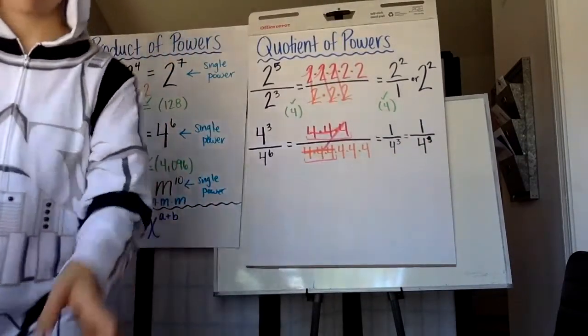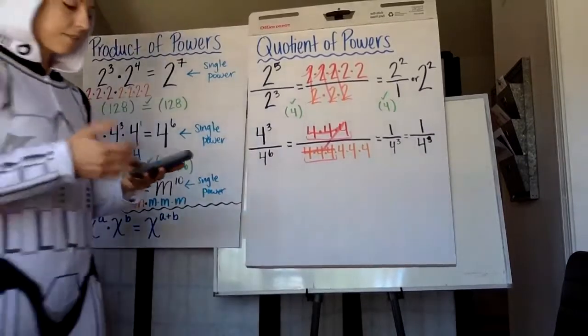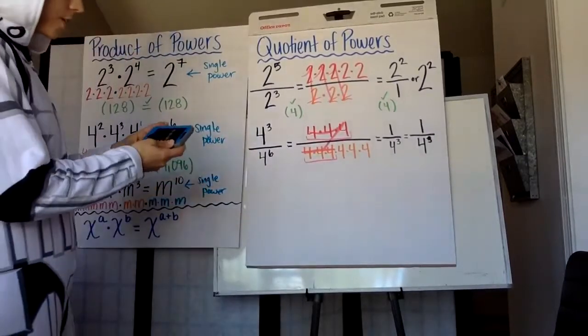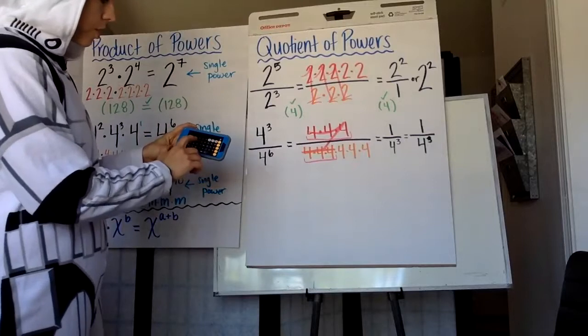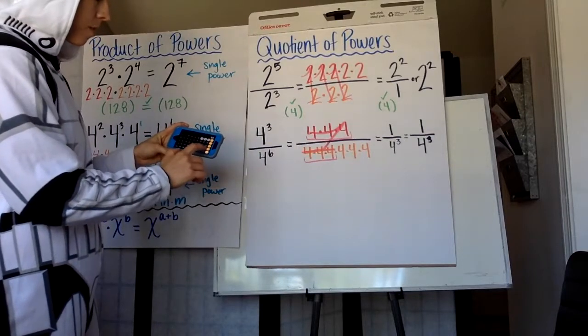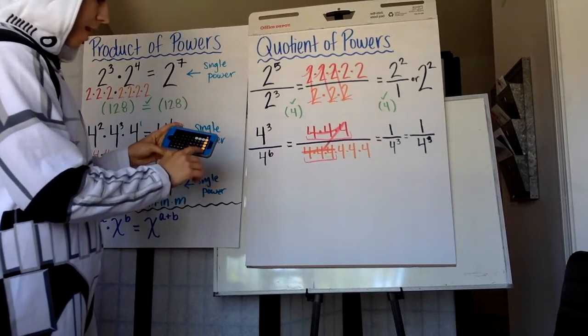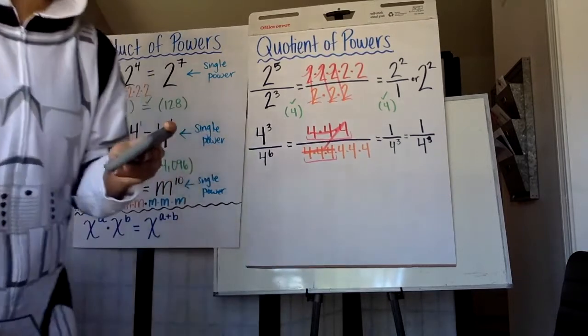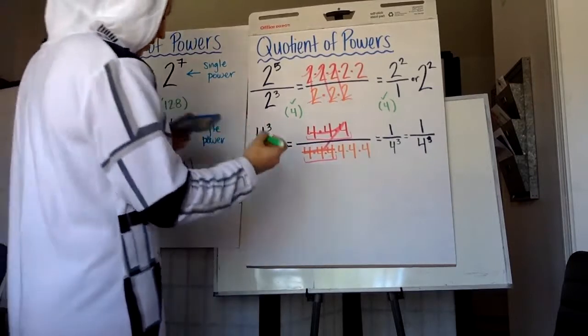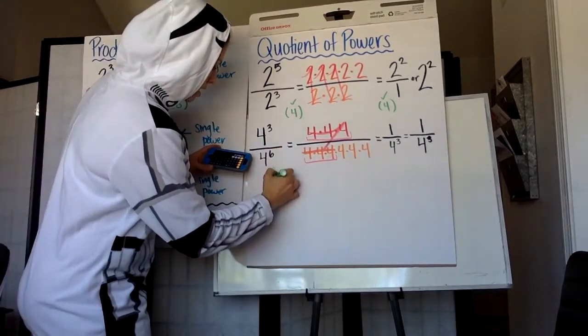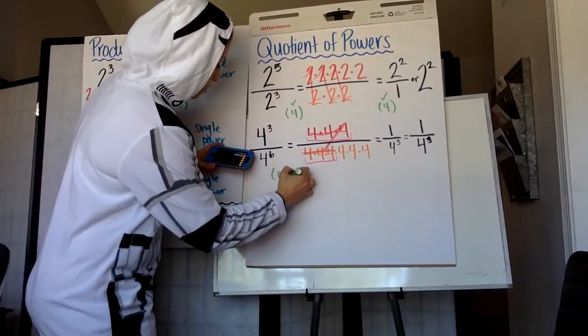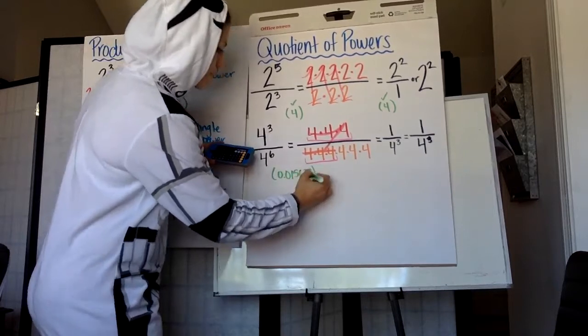Now, same thing. Let's grab our calculators and see if that's actually true. In our calculators, we're going to go 4 to the 3rd power, which is 64, divided by 4 to the 6th power. I got a really interesting decimal here: 0.015625.